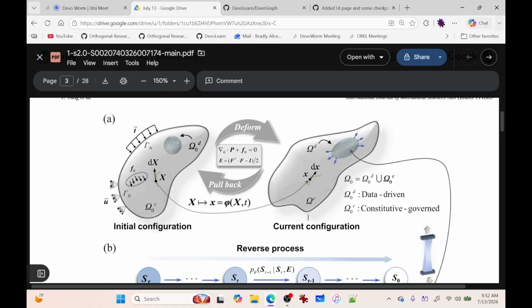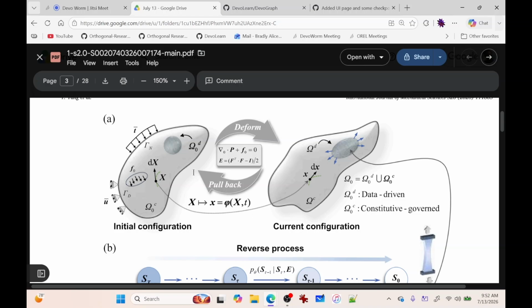We have the initial configuration, then we deform that configuration, and we can describe the deformation with equations. Then we have this domain where we have the data-driven component, the constitutive governed component, and this omega 0, which is the union of these data-driven and constitutive governed components.